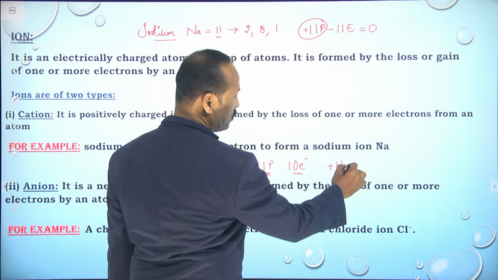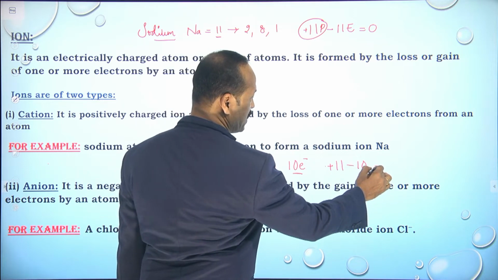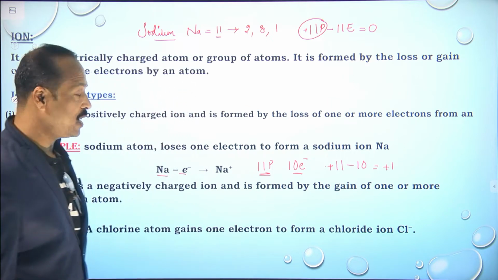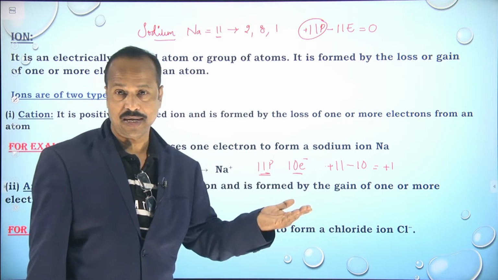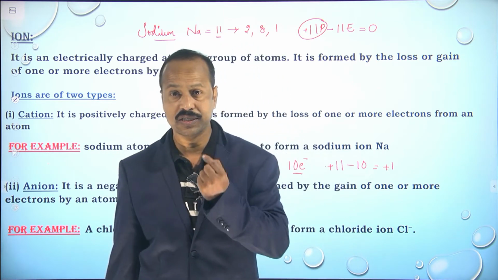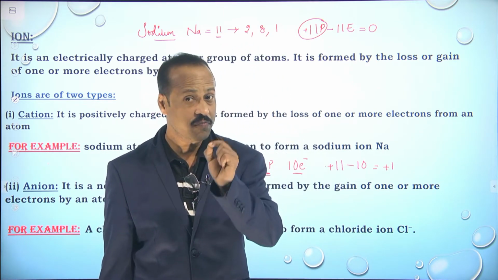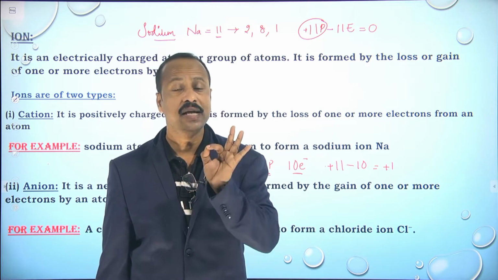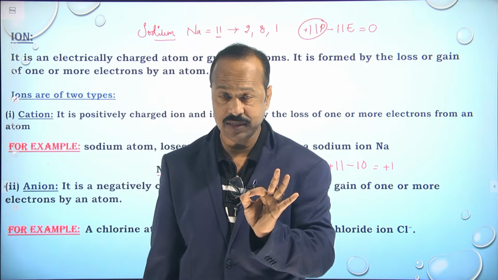Electrons carry negative charge, so minus 10. Plus 11 minus 10 is equal to plus 1. So when sodium loses one electron, it acquires 1 unit of positive charge. Now it is not called an atom, it is called an ion. Is this clear to you?